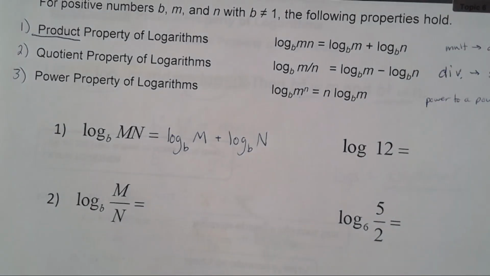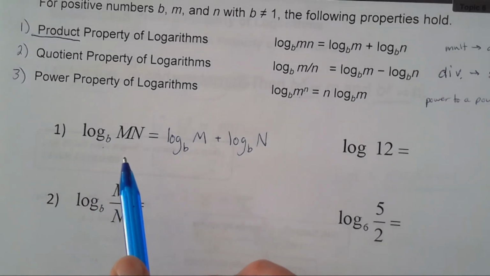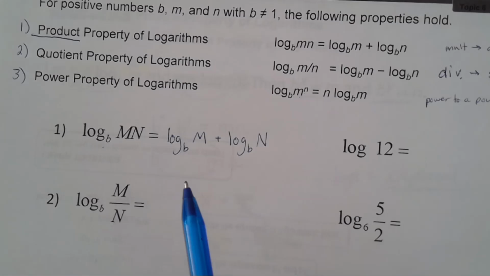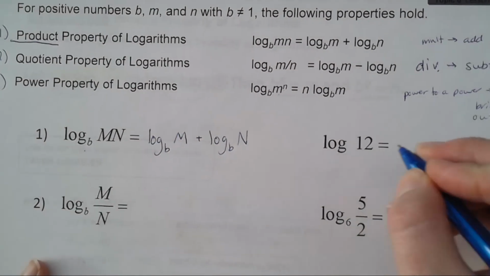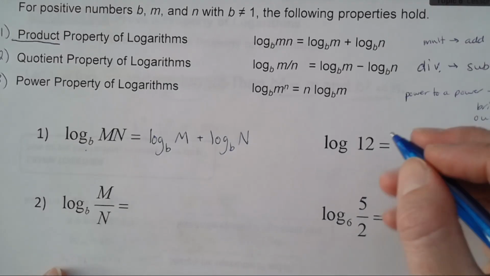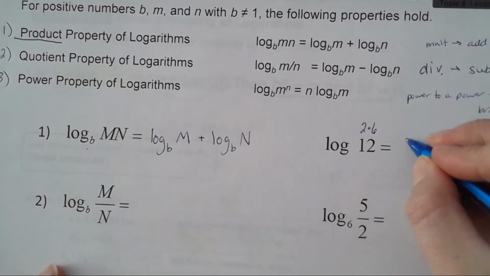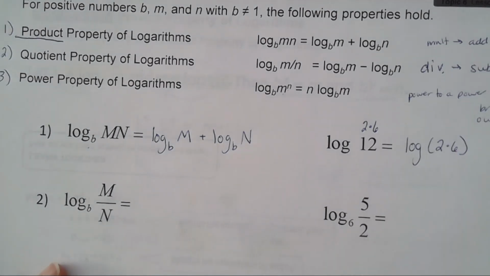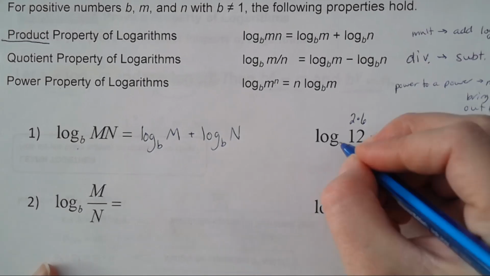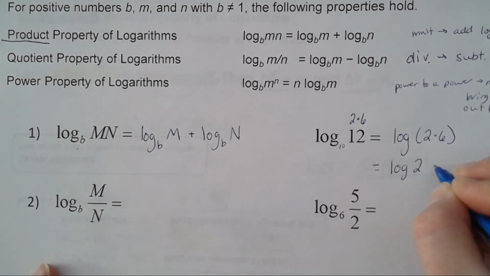That means, remember, this base has to be the same. Okay? And so then this, right, what does this become? Well, right now I'm just going to use any combination. It doesn't matter which one. But for this instance, I'm going to rewrite this as the log of 2 times 6. Okay, they're the same base. This is a base 10, right? And so that would be equal to the log of 2 plus the log of 6.